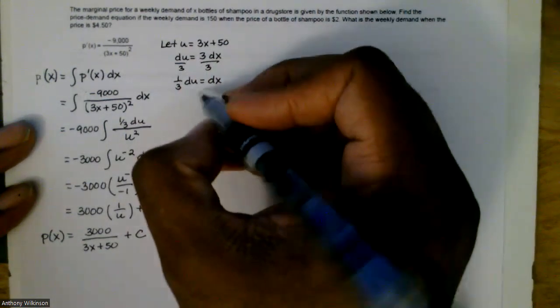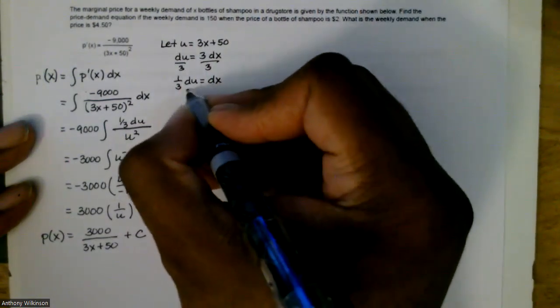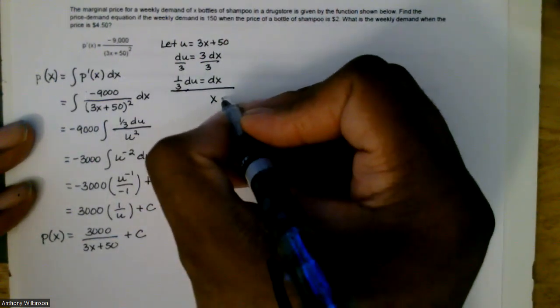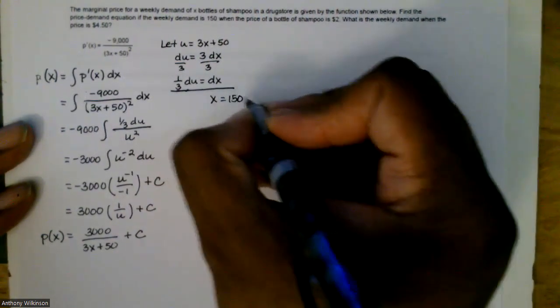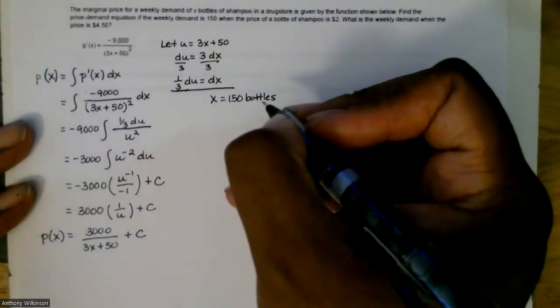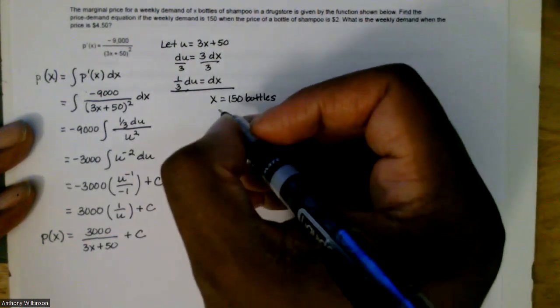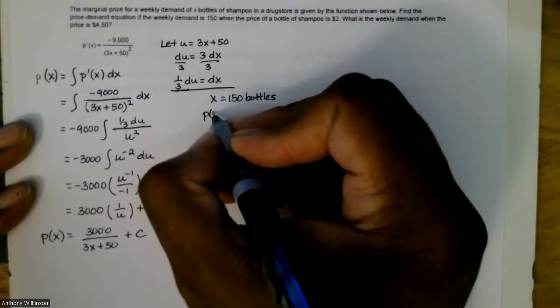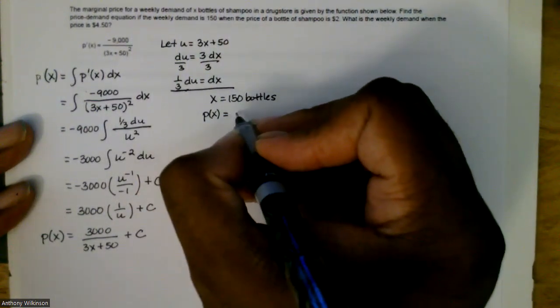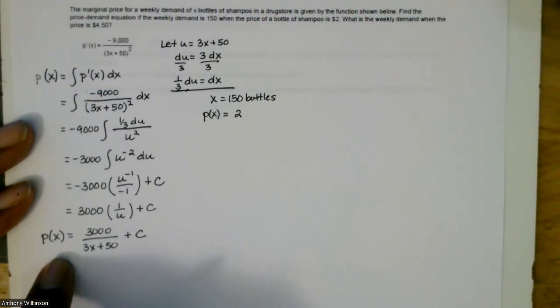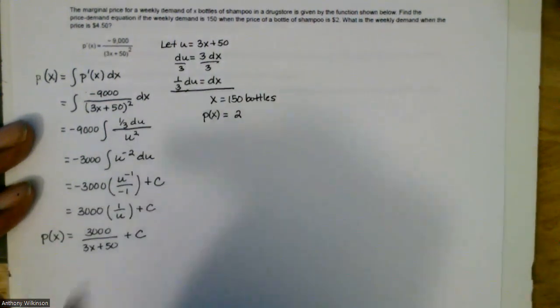So that means here, I'm just separating this, X will be 150 bottles, because X represents the number of bottles of shampoo, and the price, lowercase p of X, is $2. So we're going to take this and just replace P of X with 2 and X with 150.